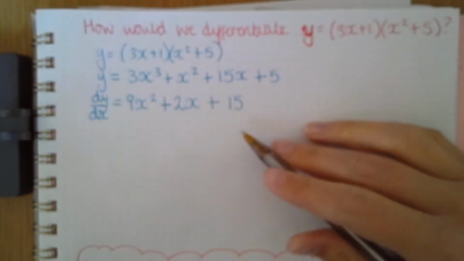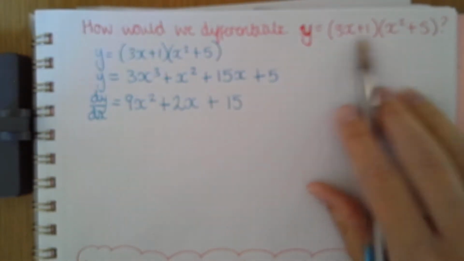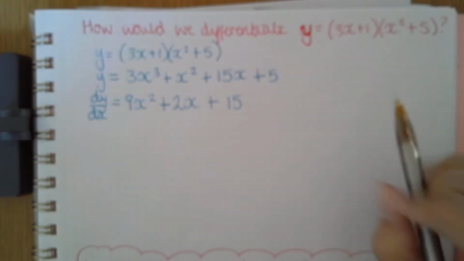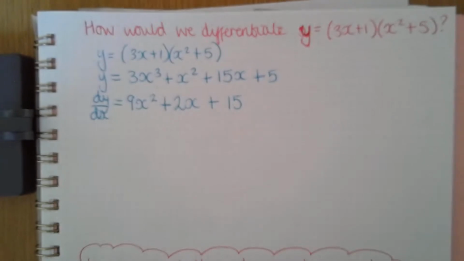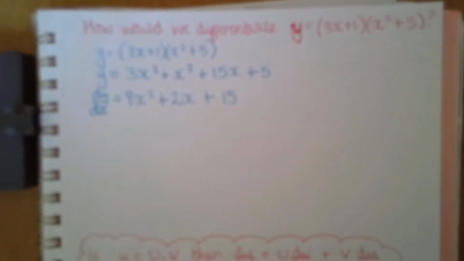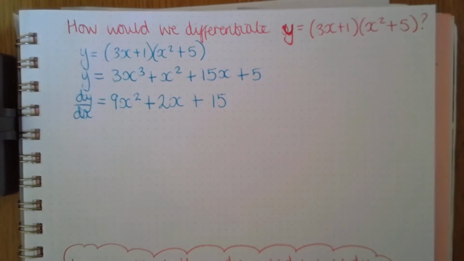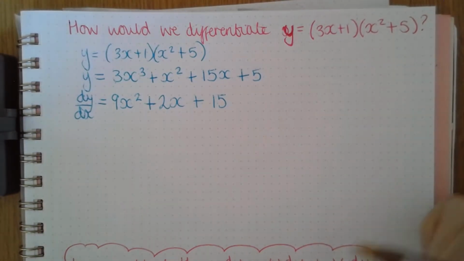So that's okay currently, but if this question was slightly different and both of them were squared brackets, we'd then have to expand 4 sets of brackets, which in an exam isn't exactly what we want to do. It's going to take up quite a lot of our time, and that's definitely not something that we want to sit there doing. So product rule is definitely a lot quicker with some questions.